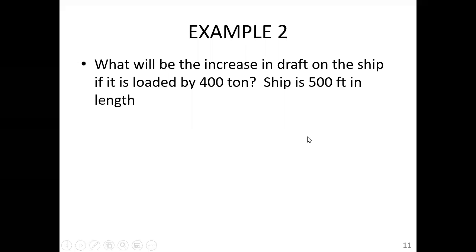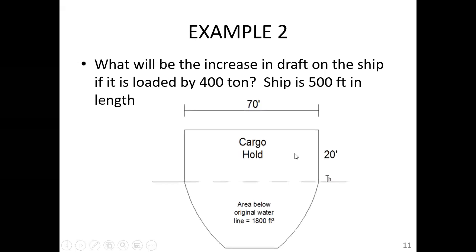So the ship is 500 feet in length, and assume it looks like a brick. So it doesn't have nice hydrodynamically pointed bow and stern. So the ship is 500 feet in length and it's 70 feet in width. So the 500 feet is into and out of this slide.